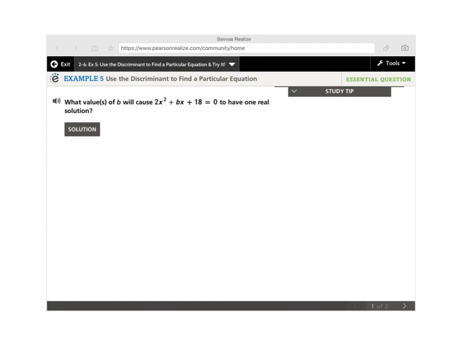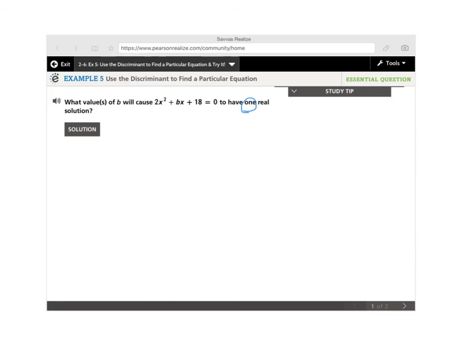Now, we can also use the discriminant to find a particular equation, to force the equation to meet our demands. What does that mean? Here's an equation, 2x squared plus bx plus 18, and f of x is 0. We don't know what b is. And we're also told that there's only one real solution, which is a giveaway to say the discriminant is 0, right?